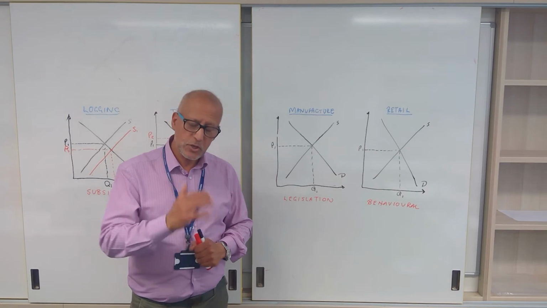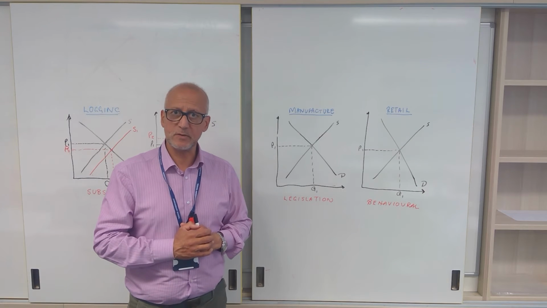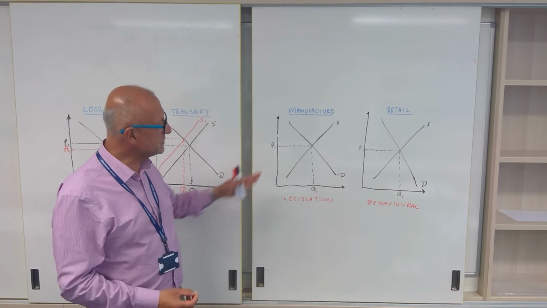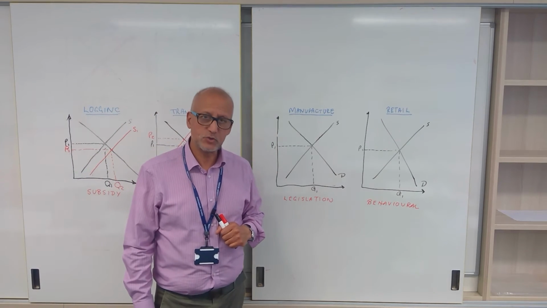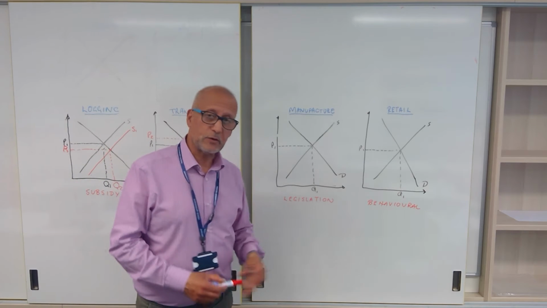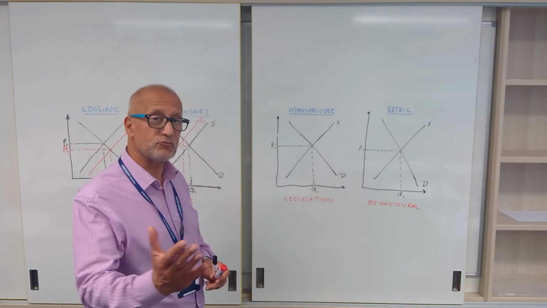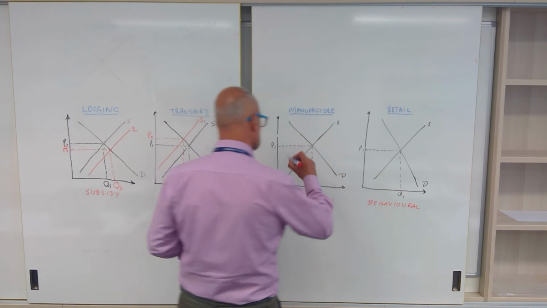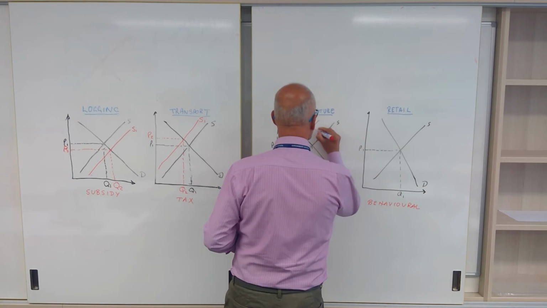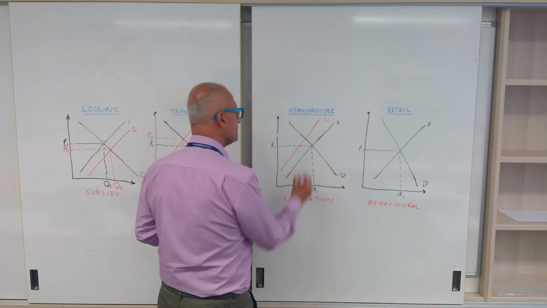that employers must provide a minimum wage of a certain amount, good terms and conditions. If that happens, that's going to increase the cost of production for the manufacturing company. And consequently, rather like the tax, if you increase their cost of production, it's going to reduce the amount that they're going to supply. So their supply will shift to the left, like so.